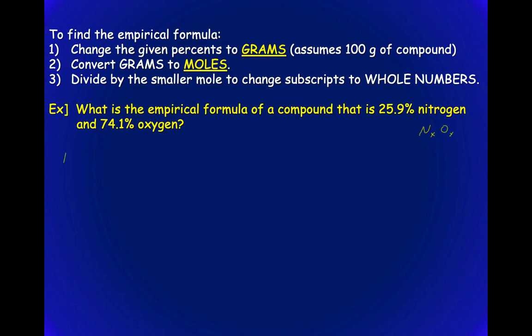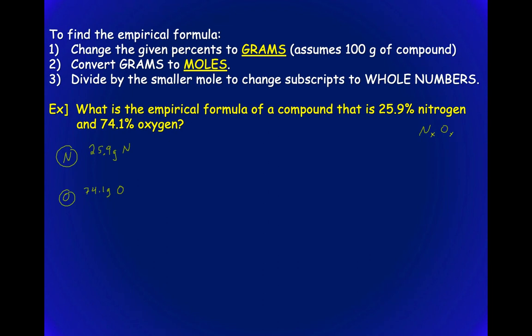So I'm going to change my percentages right to grams. I'm going to take 25.9% and I'm going to get 25.9 grams. And my oxygen, 74.1% oxygen, I'm going to make it in grams. So this is grams of nitrogen, this is grams of oxygen. Now I'm going to go to step 2.